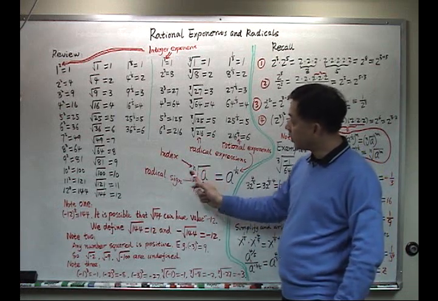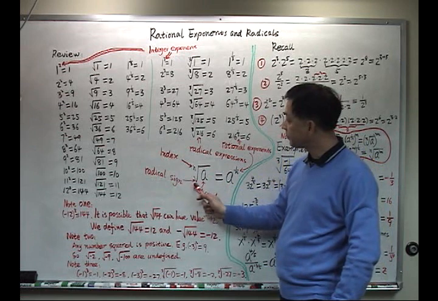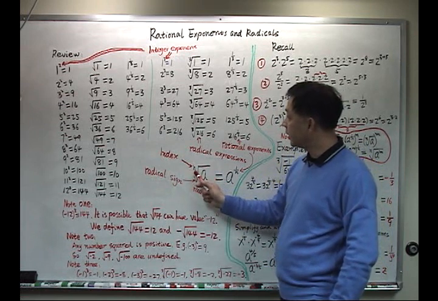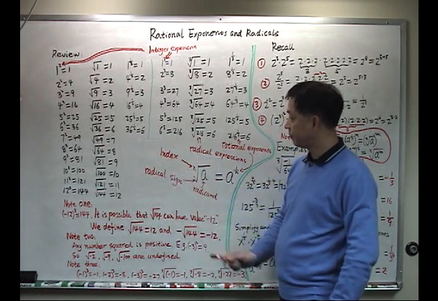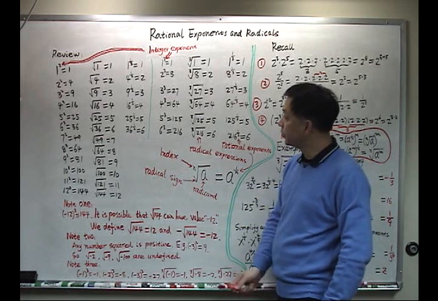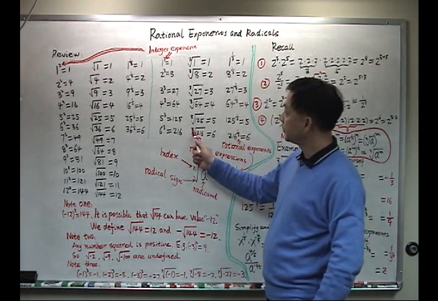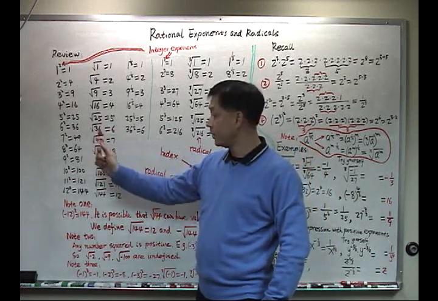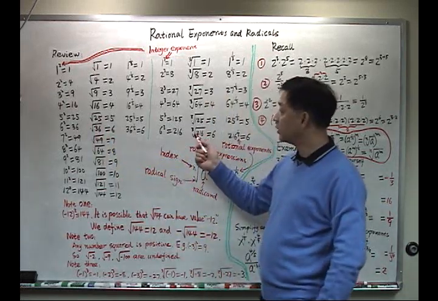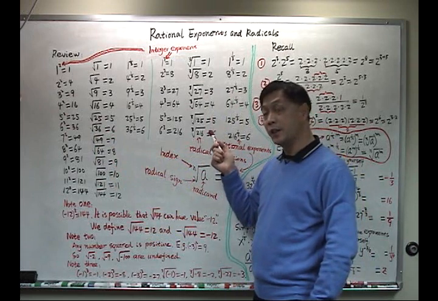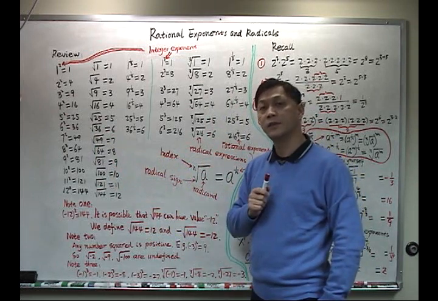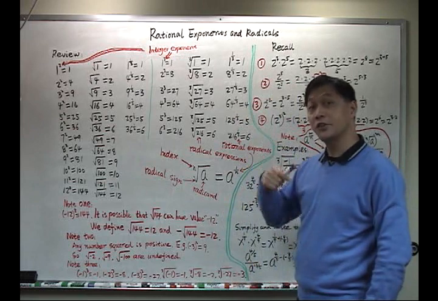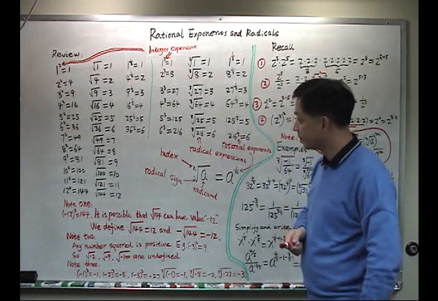This sign is called the radical sign. And this n is the index. You can see here we used index 3. If the index is 2, we don't write it. If the index is 4, we need to write it. The index can be 5, can be 6, 7, whatever.